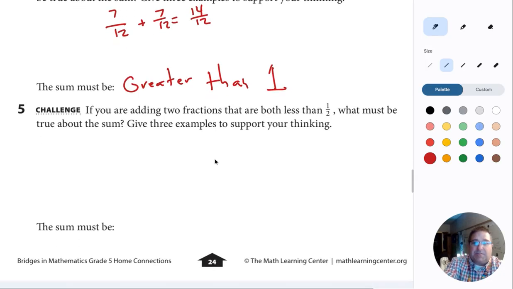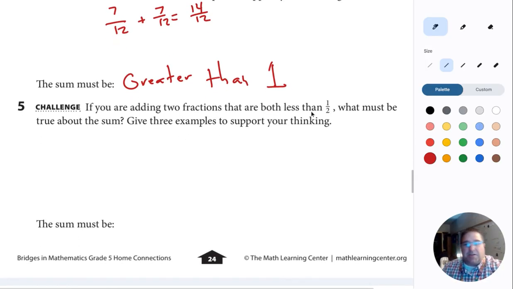And then the opposite would also be true. What if we're adding 2 fractions that are both a little less than 1/2? If 2 fractions are both just a little bit less than 1/2, right? Let's say we're adding 49 cents plus another 49 cents.